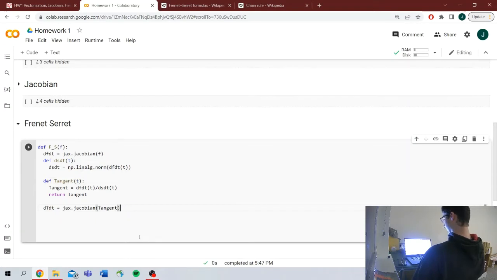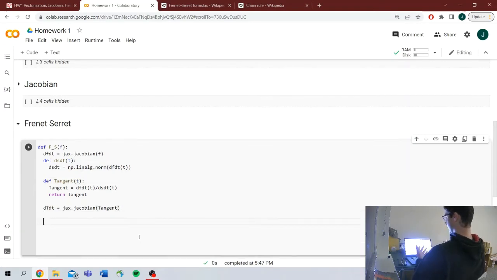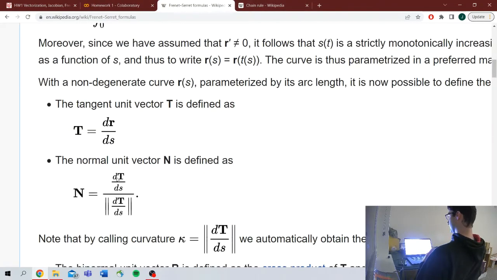All right, so we have our dT, and then we're going to use the same trick we pulled to calculate the tangent to get this derivative of tangent over arc length.